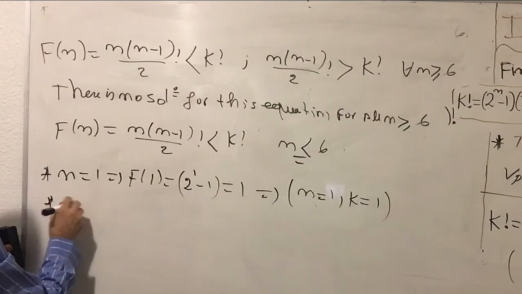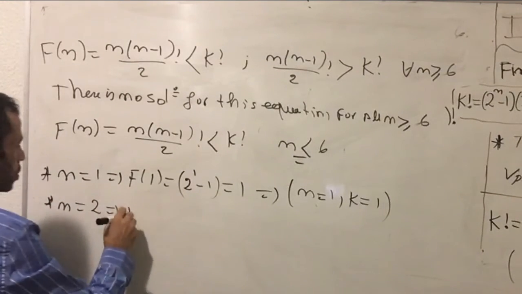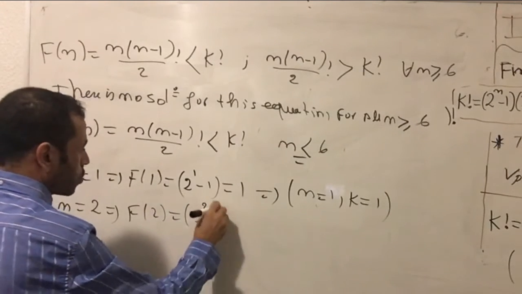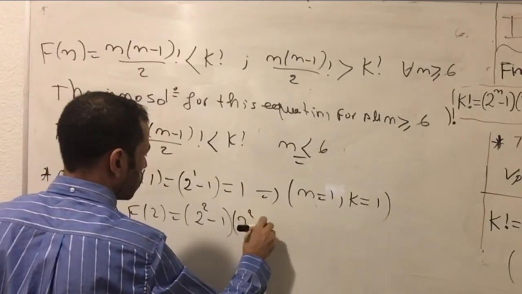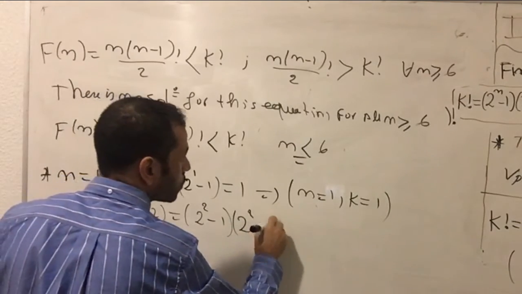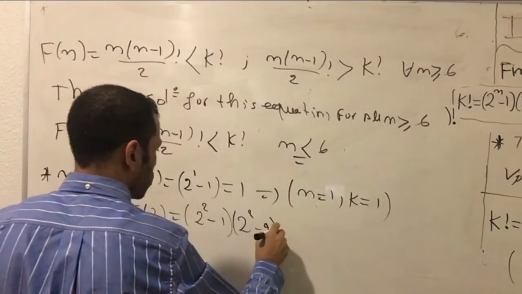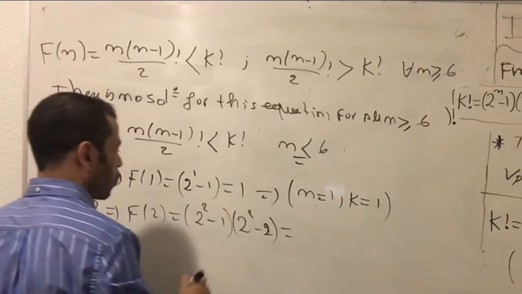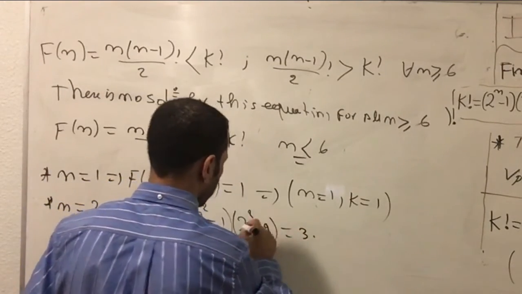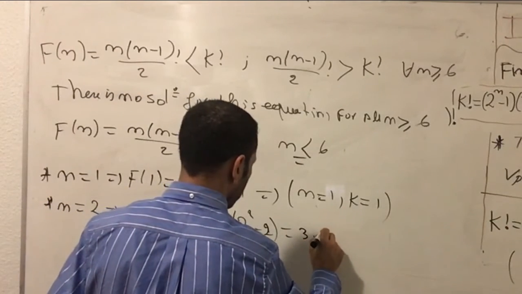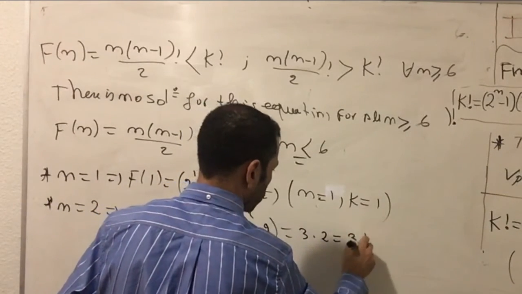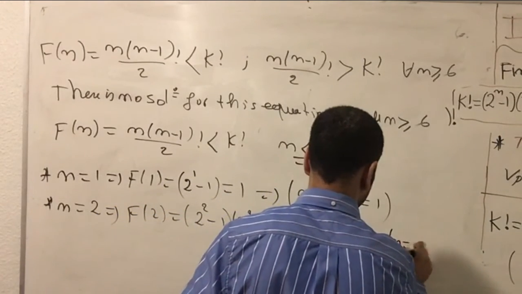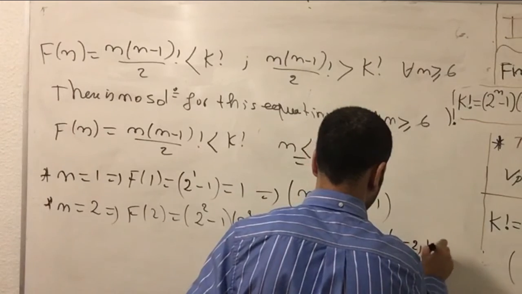Let's check n equal to 2. f of 2 has 2 to the 2 minus 1, product 2 to the 2 minus 2. So 2 to the 2 is 4, minus 1 is 3, multiplied by 4 minus 2 is 2, which is 3 factorial. So the solution is n equal to 2, k equal to 3.